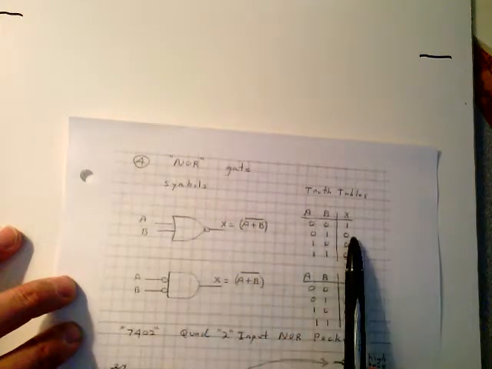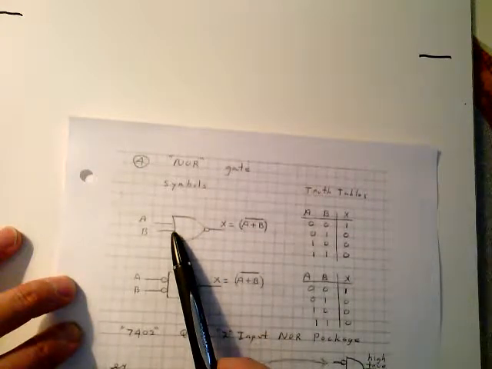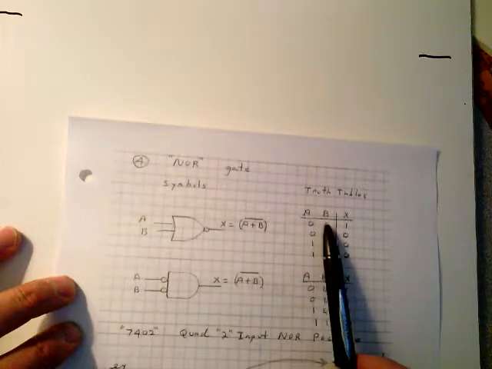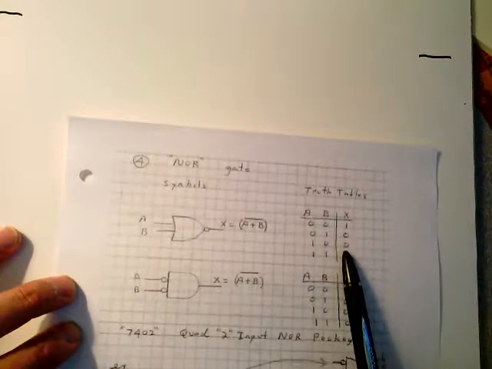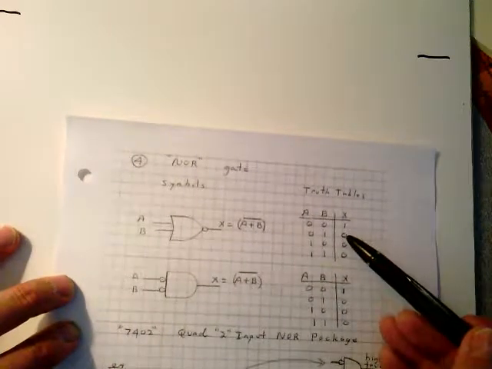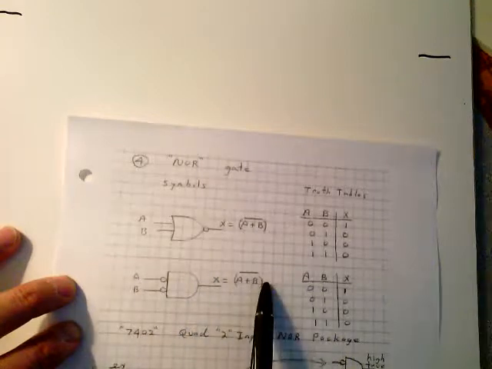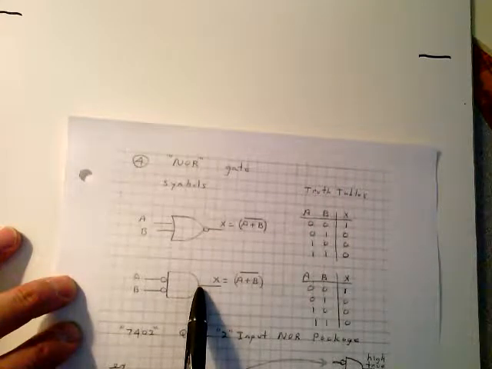Let's see how this tells the story. A high here or a high here is the only time you get a low here. A high here or a high here is the only time you get a low on the output. So the story is told as a 0, 0, 0, and by default there's a 1 there. Down here, a low here and a low here is the only time you get a high here.